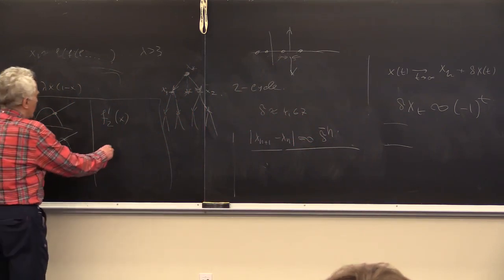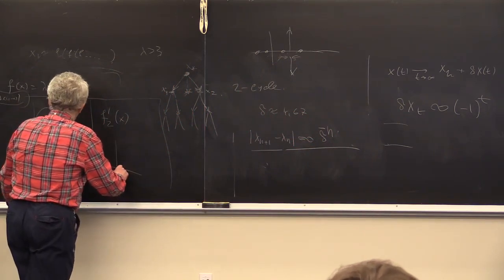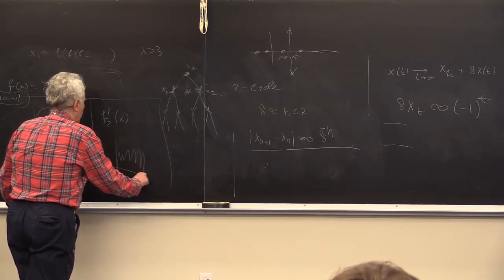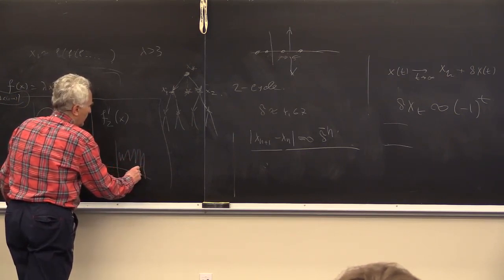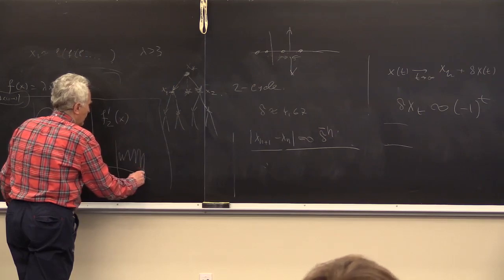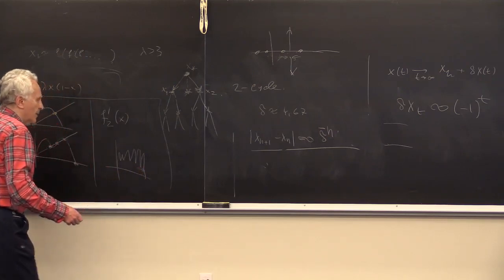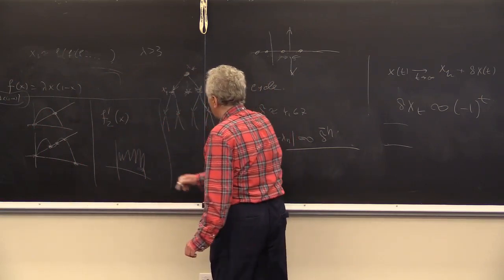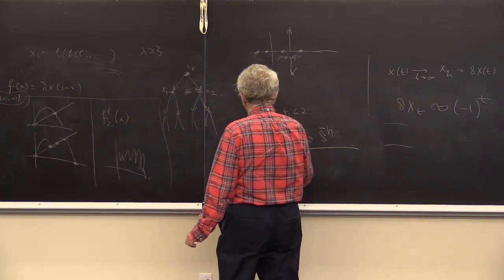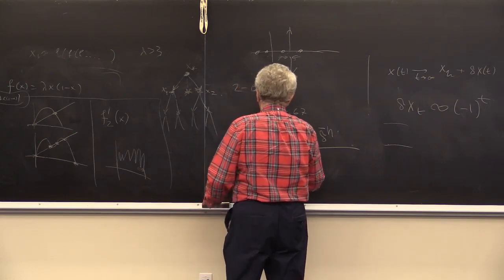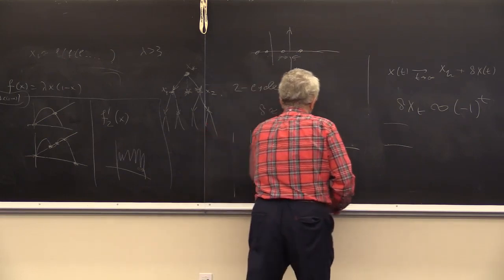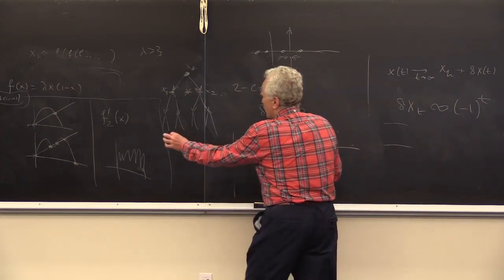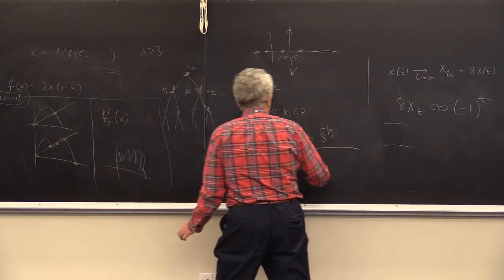And moreover, the polynomial becomes very complicated, and the distance between the 2 fixed points, say the left fixed point x1 minus x2, of course becomes smaller and smaller.